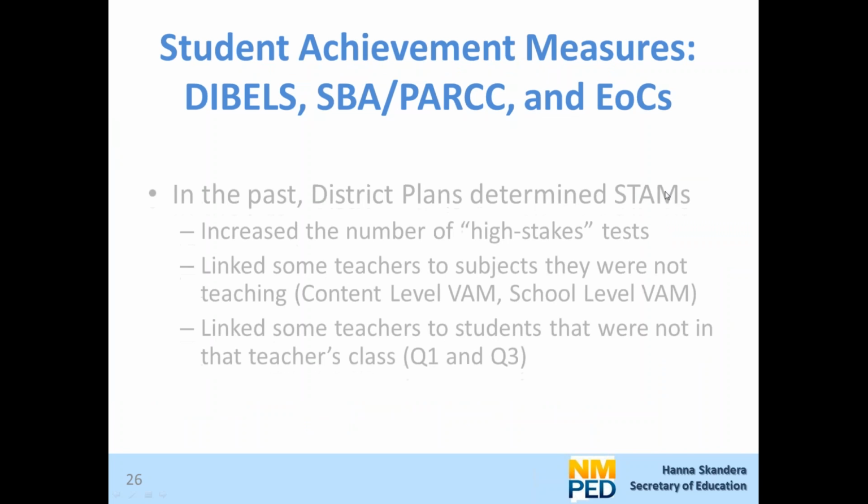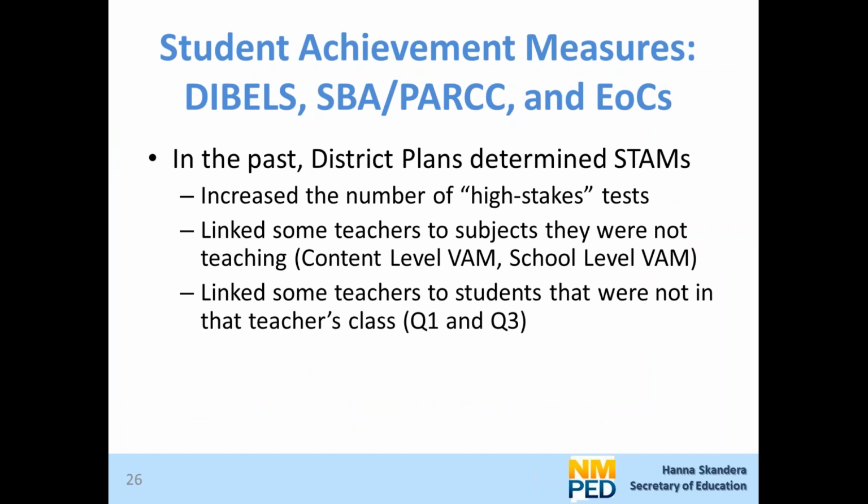As many of you know, in the past, it was the district plan that determined the student achievement measures. Districts could choose 1, 2, or 3 student achievement measures for their teachers. They could choose SBA, DIBELS, end of course exams, CCR, interim assessments, group level measures, such as school grade measures, content or grade level VAM.